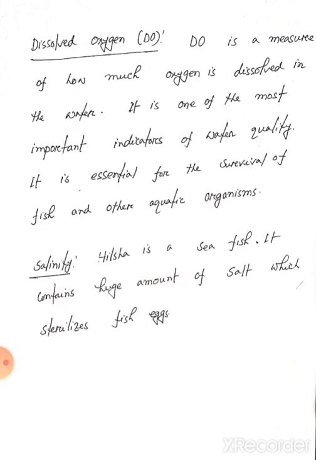So, we can determine the quality of water by determining the dissolved oxygen. And we can say dissolved oxygen indicates how much oxygen is dissolved in the water. It is essential for the survival of fish and other aquatic organisms.